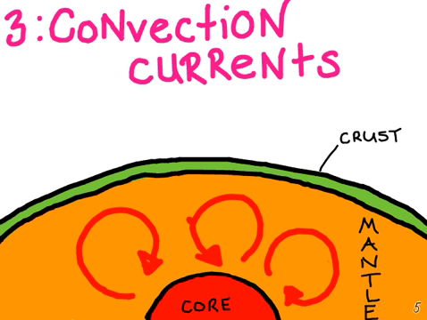This circular movement that you can see on the diagram is called convection currents, and these are really important because they help to move the Earth's plates at a rate of about 1 to 15 centimeters a year, depending on how hot the core and the mantle is in particular parts of the Earth's surface.